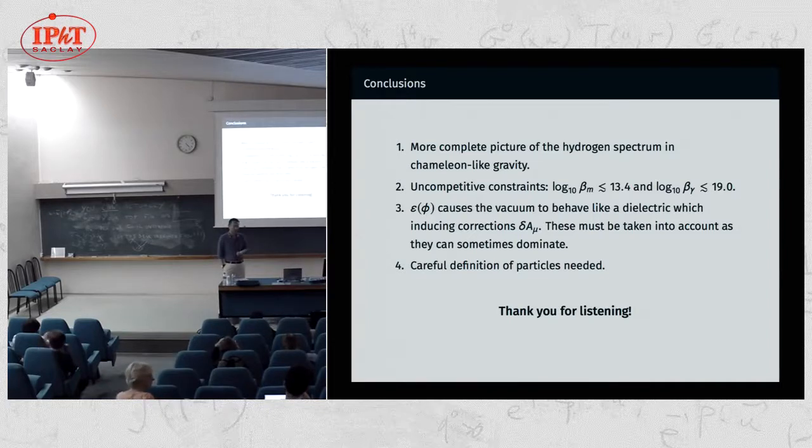There was a great paper yesterday on the arXiv by Clare Burrage and Jeremy Sakstein. They've just updated their latest review on all of these laboratory tests and some astrophysical ones as well. This talk has really only focused on this one experiment. We definitely are aware that there are so many more that do a better job. And as I said in the beginning already, the prototypical chameleon has almost completely been ruled out, bar a tiny sliver inside the parameter space.